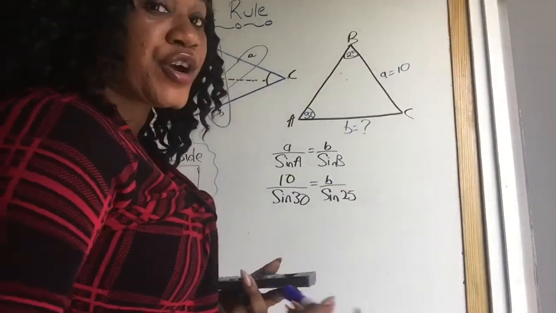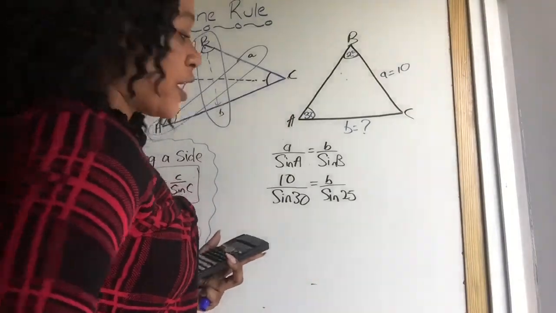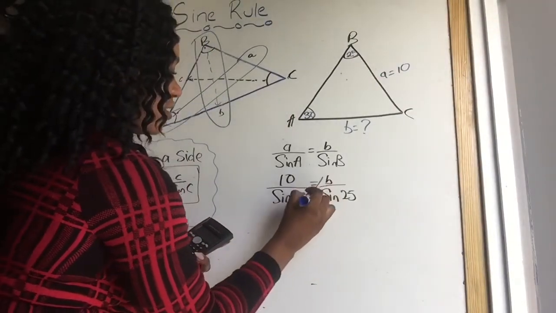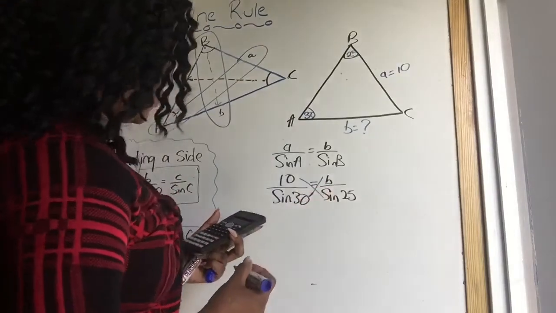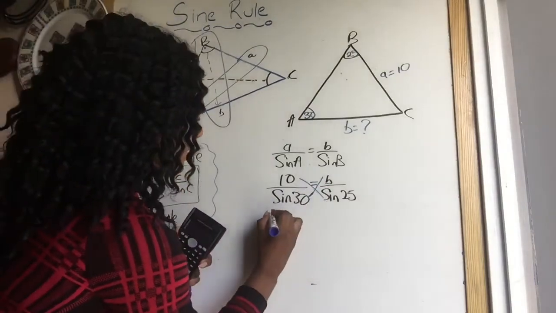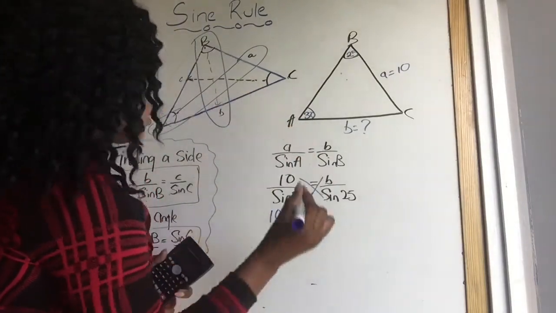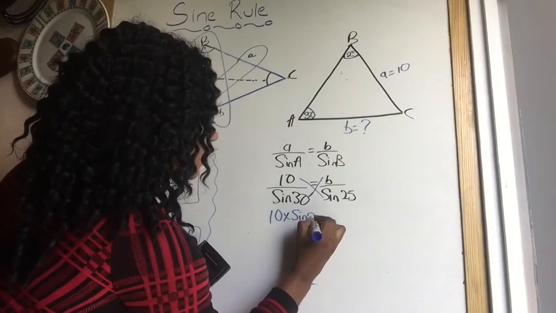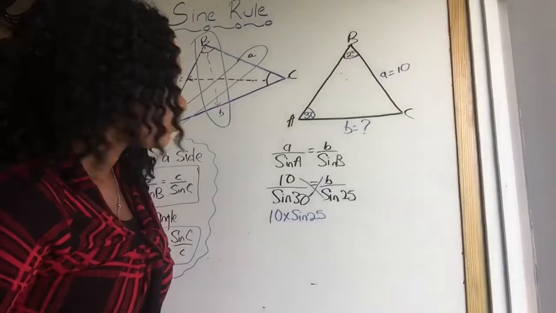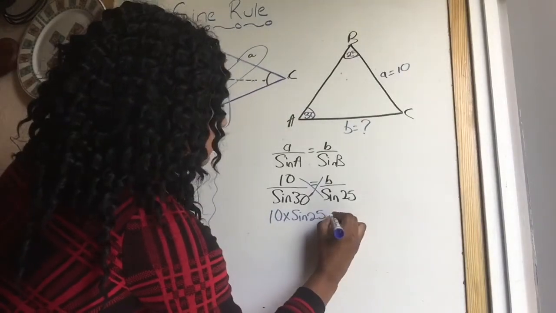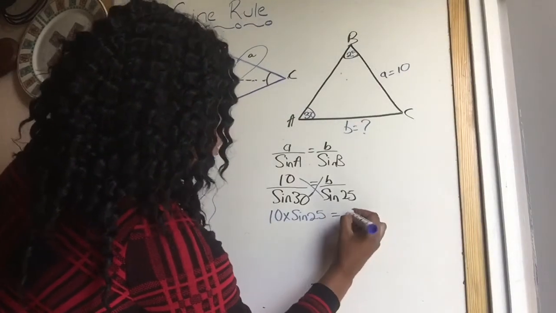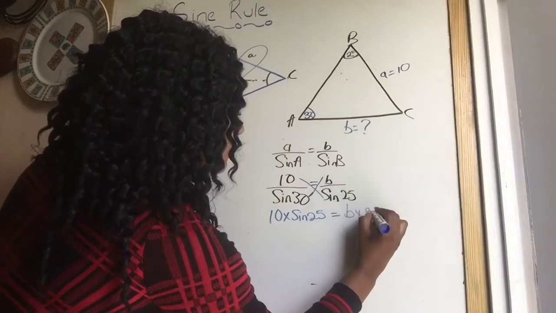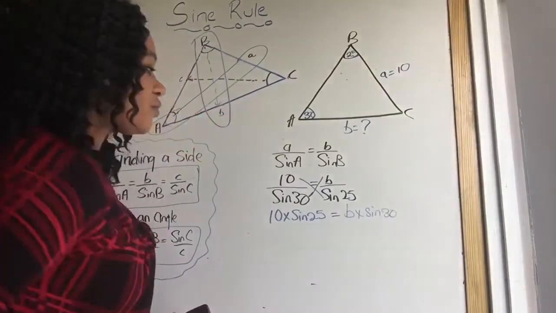The next thing we're gonna do is cross multiply, which makes life easier. That becomes 10 multiplied by sine 25, and that is equal to b multiplied by sine 30.